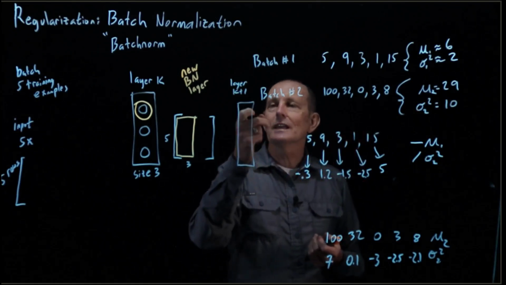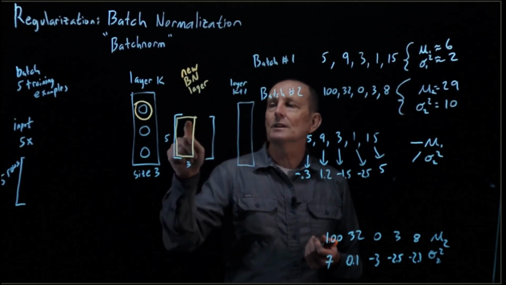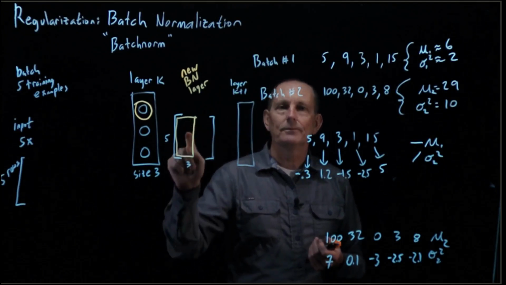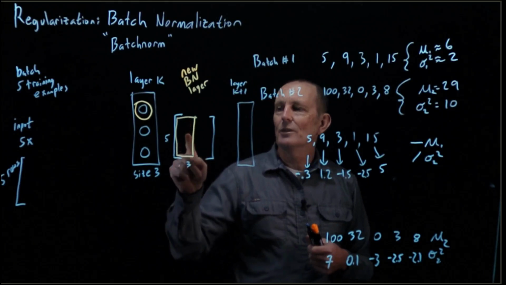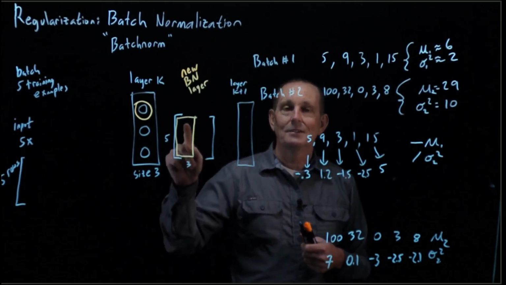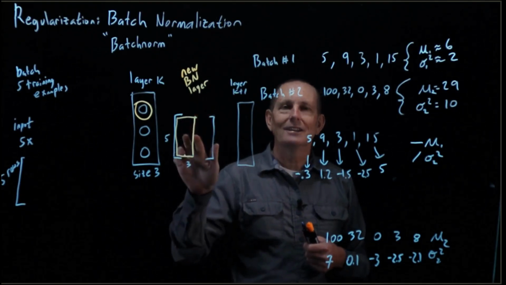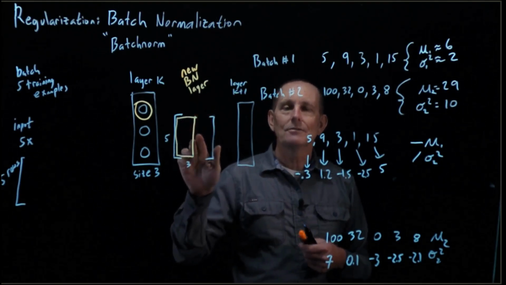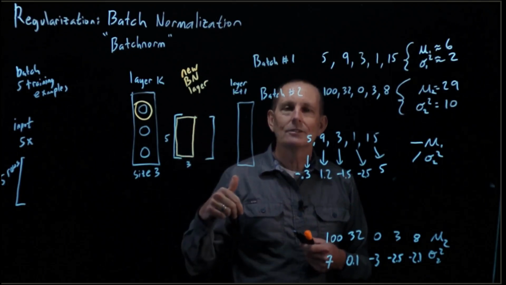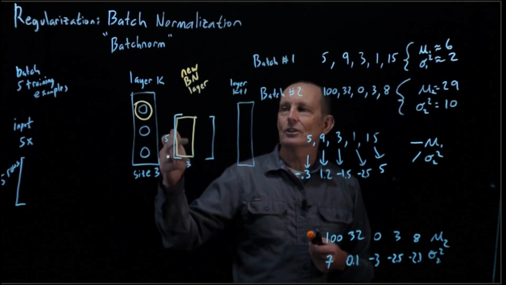And now this layer says, you know what, as far as my backpropagation, I want to increase all 5 of these values. Partial L with respect to the output of this layer is negative for all of these values, which means they should all be increased.